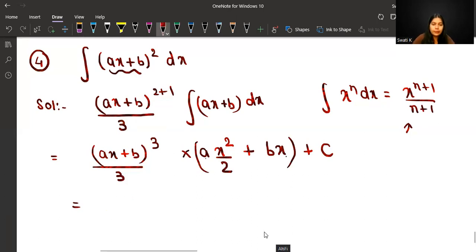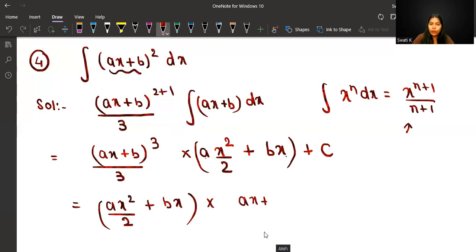So if we just want to simplify this, I'm just writing this part first. So this is ax square upon 2 plus bx, and then this is times ax plus b whole cube upon 3, and then this will become plus c, right?